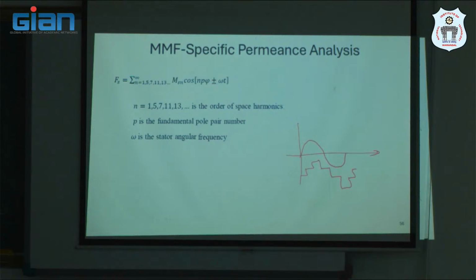If I do a harmonic analysis of this waveform, I will have a fundamental component which is of interest plus higher order harmonics. Those higher order harmonics are called space harmonics. Okay. That is because of the spatial distribution of the three-phase windings. We also will have time harmonics later on when we use an inverter and inject time harmonic currents. But that is for another day.